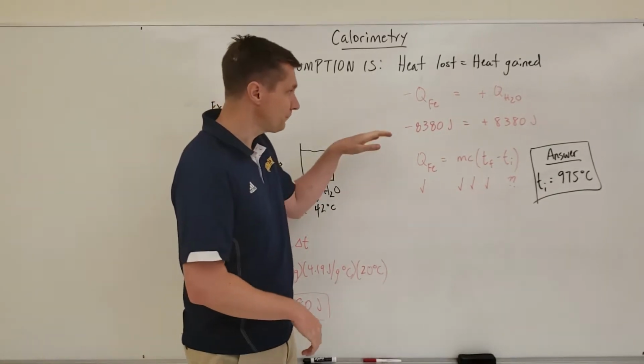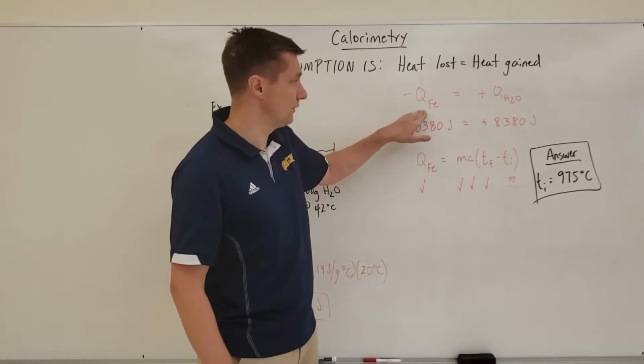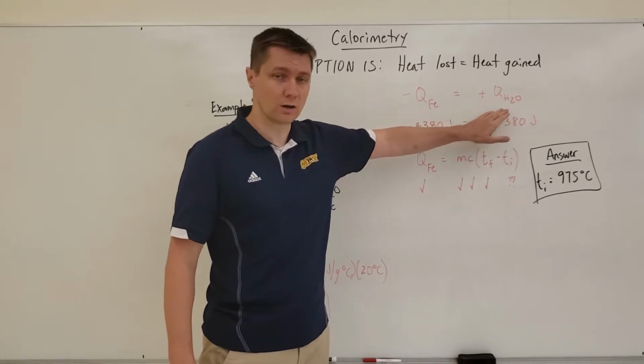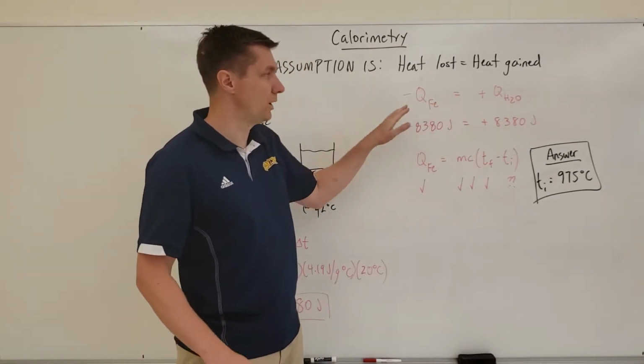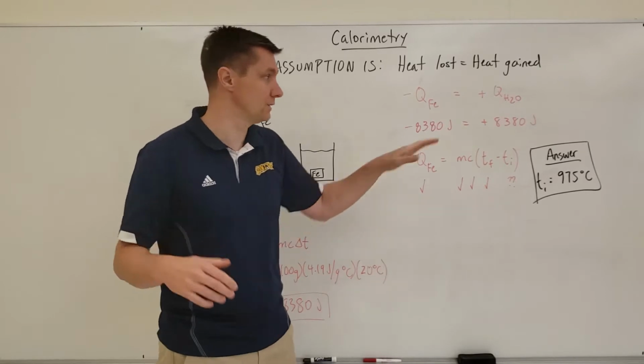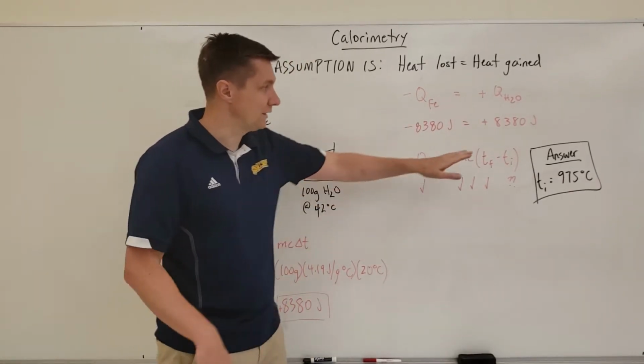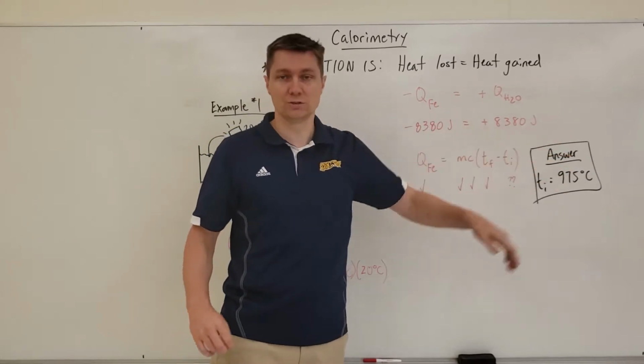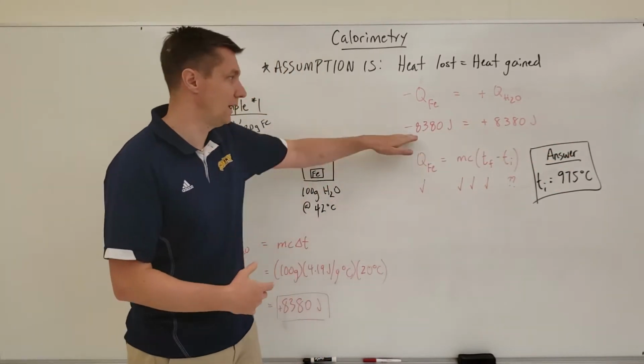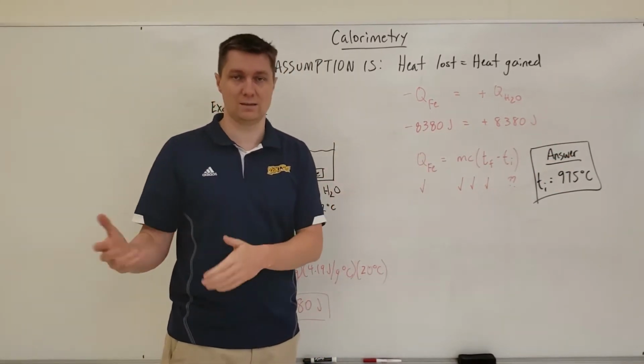And so you can see I've got the Q of iron is equal to the Q of water. Now these negatives and positives are simply there to indicate this is heat gained and this is heat lost.